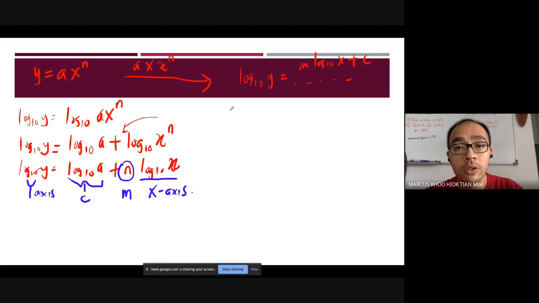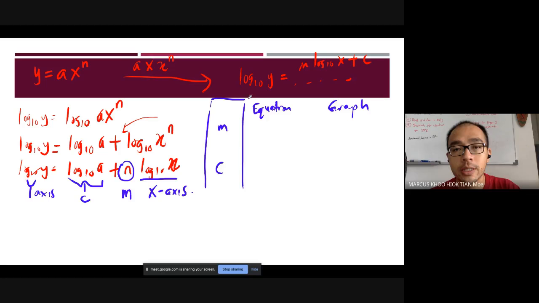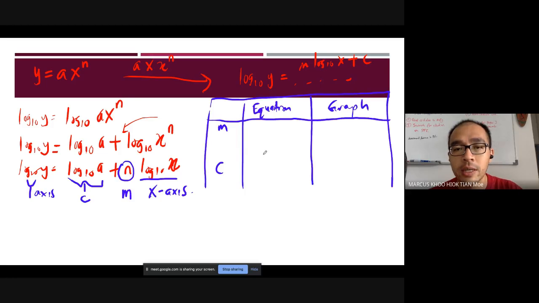Okay, so I'm going to go back to the table, another table that I usually use. So this is from the equation. This is from the graph. This is m, this is c. I don't think I taught this to you all, but I discovered this method with the Form 5 this year, bukan kamu orang.